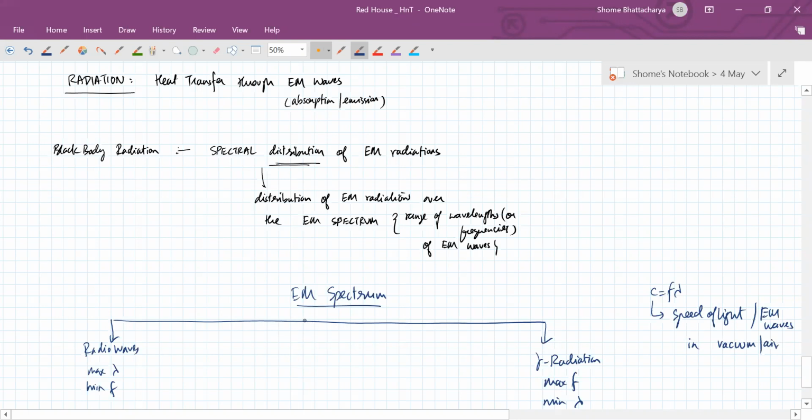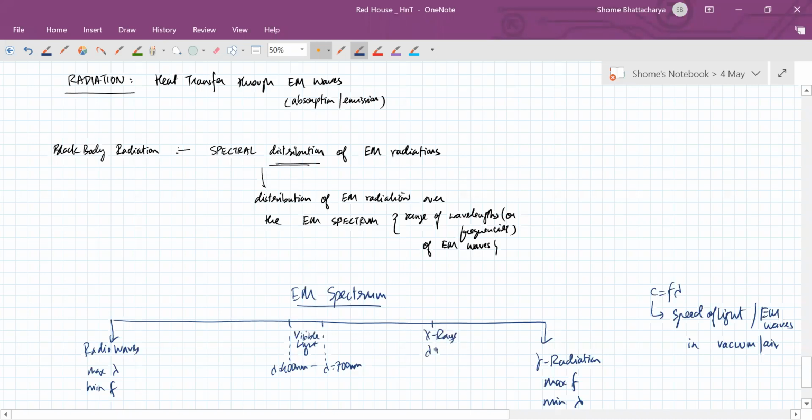Somewhere in between comes the visible light, for example. Visible light comes in a range of, you might have heard, 400 nanometer wavelength to about 700 nanometer wavelength. Then we have, for example, X-rays.